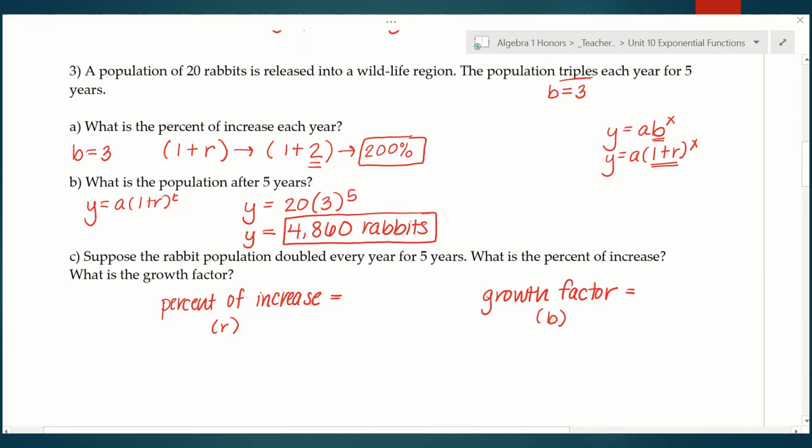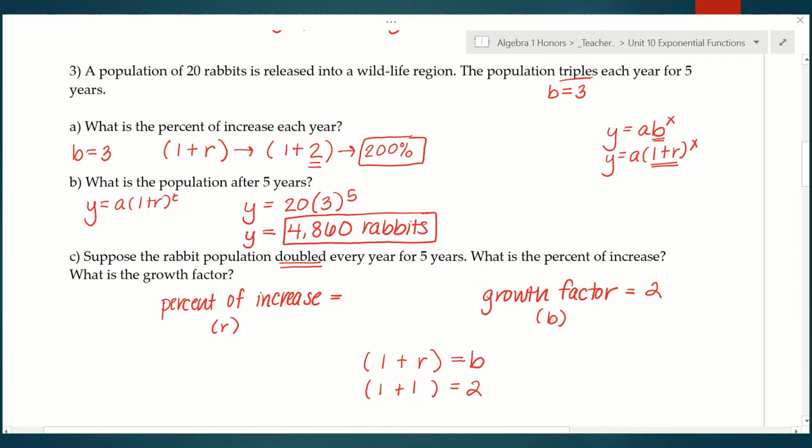All right, so it's saying it's being doubled. So what does doubled mean? It means that the growth factor is 2. What does that mean for the percent? Well, 1 plus R equals the B. So I'm trying to figure out 1 plus what gives me 2.